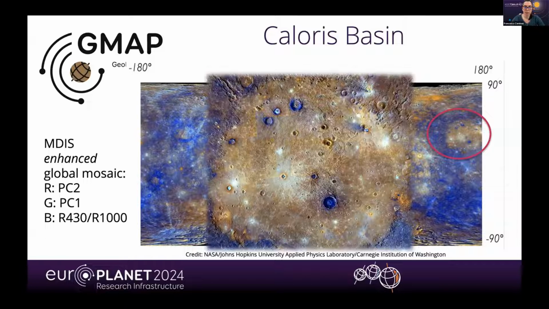Just a few examples: a close-up, for example, of Caloris Basin, the largest basin on Mercury, which shows smooth plains inside, but also other kinds of features. For example, pyroclastic deposits you see in dark orange, and other craters in the floor.